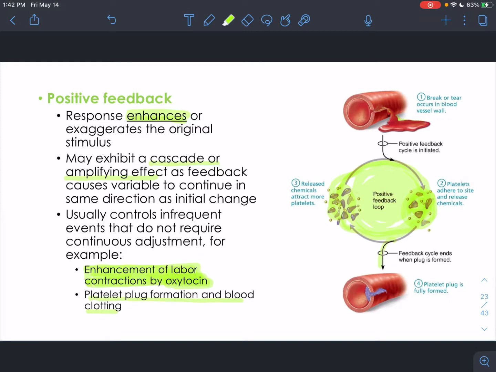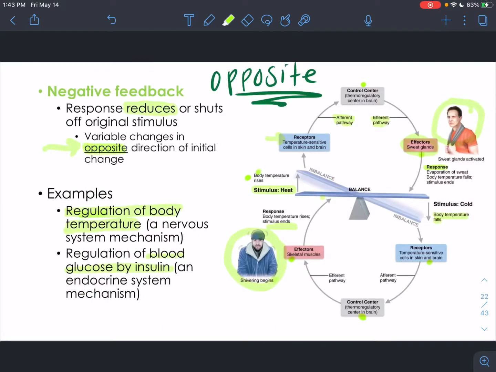Okay? So positive feedback, again, you're enhancing. You're going to continue on this cycle of increasing the stimulus until the end goal, which is a baby being born or a blood clot being formed, is achieved. Okay, which is opposite of negative feedback, which is going to reduce or shut off your original stimulus.